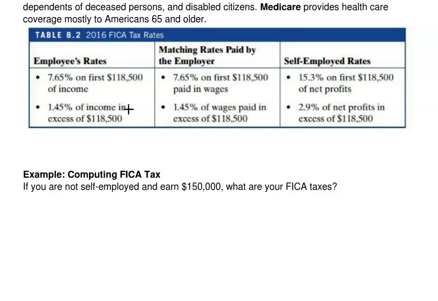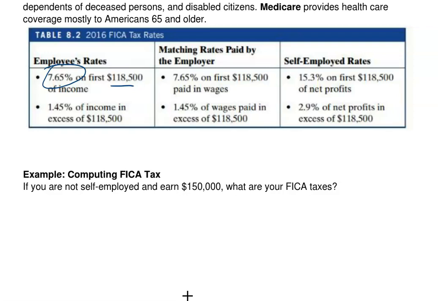All right. So again, it's broken into two brackets, right? Up to the first $118,500, you're paying this pretty high rate of 7.65%. Now you might say, why does it drop so much for people that are making a lot of extra money, the people that are rich? Well, the issue there is that Social Security and Medicare only is going to pay out so much benefit.